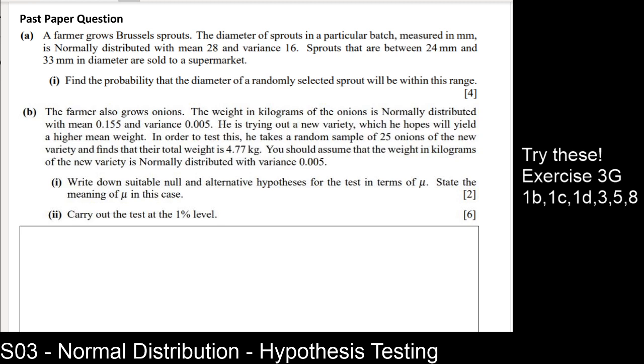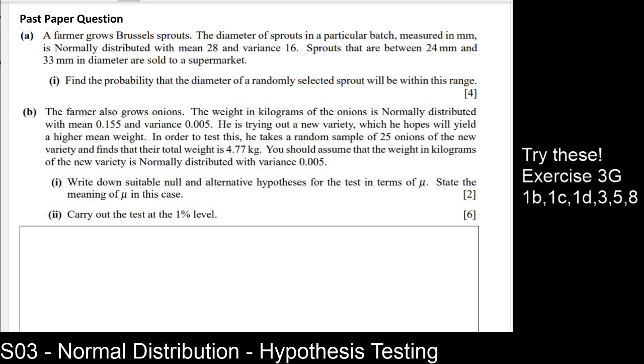And then finally, seems kind of a bit out of season this question, but a farmer grows Brussels sprouts. The diameter of sprouts in a particular batch measured in millimetres is normally distributed with mean of 28 and variance of 16. Sprouts that are between 24 millimetres and 33 millimetres in diameter are sold to a supermarket.